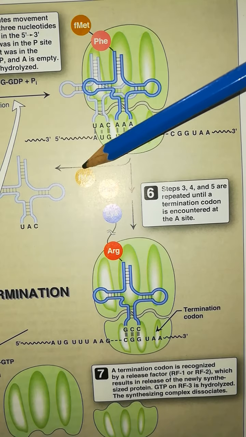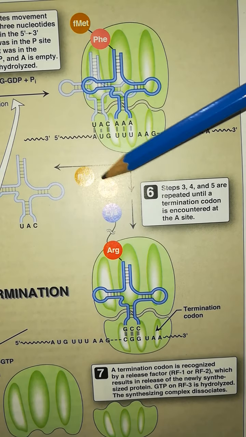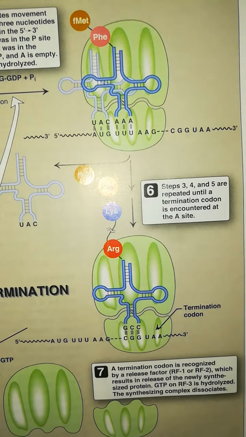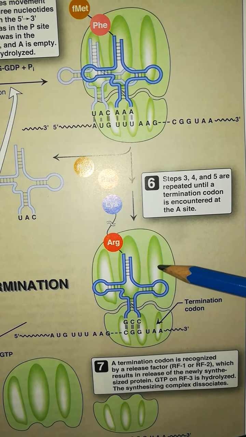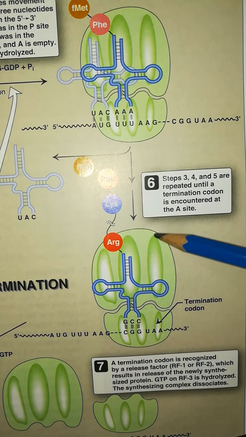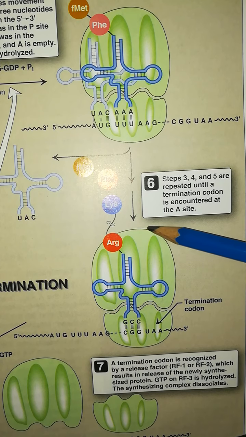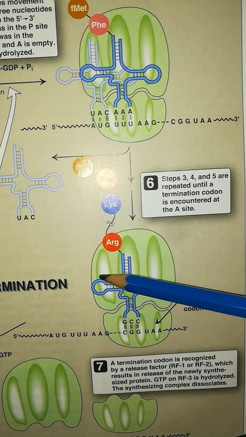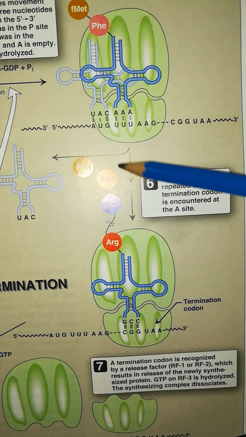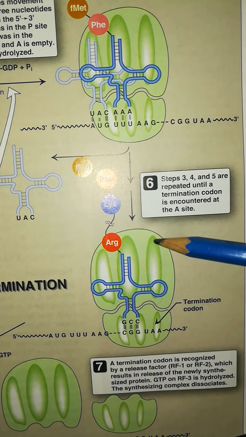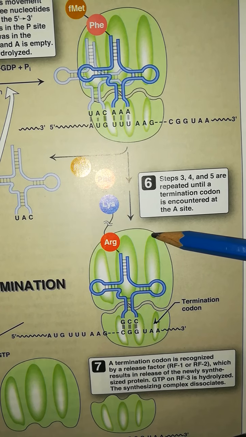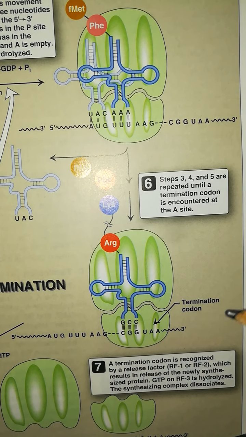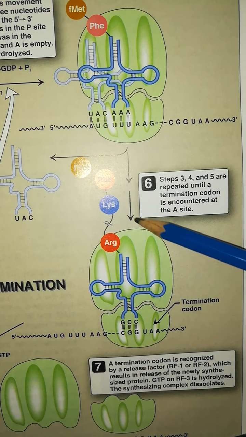Here suppose methionine, phenylalanine, lysine, arginine, and another new tRNA comes. Suppose the new tRNA comes with lysine, and this tRNA moves to the E site. At that time this whole chain of amino acids moves to the A site of the lysine-containing tRNA, and elongation occurs at the A site.